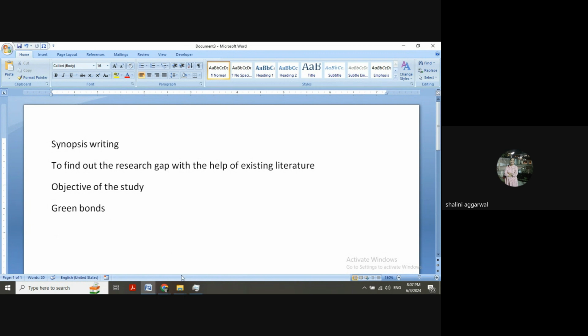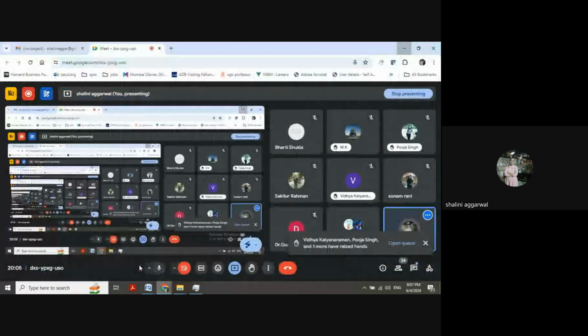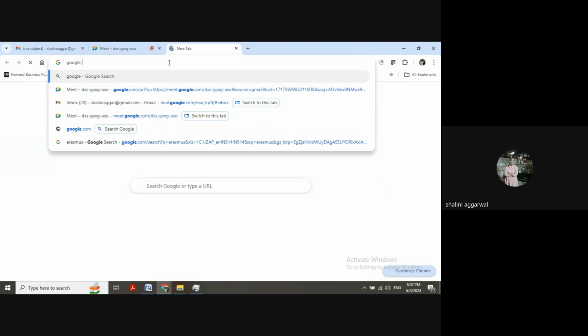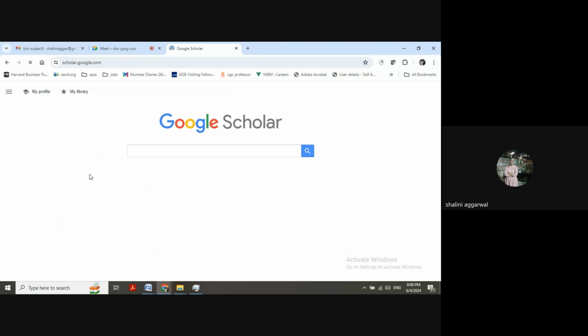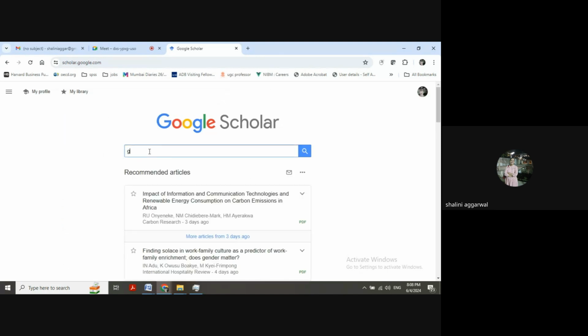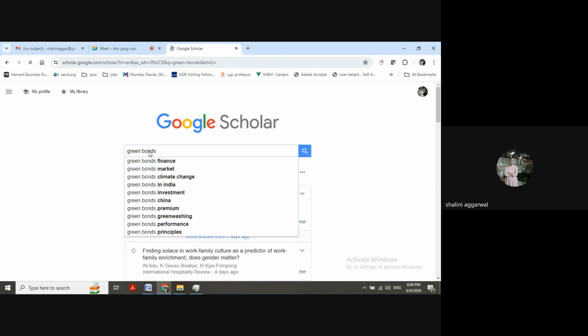There are two ways of doing it. There is a site called Google Scholar. Go to Google Scholar, put in your topic, what you want to study, green bonds.